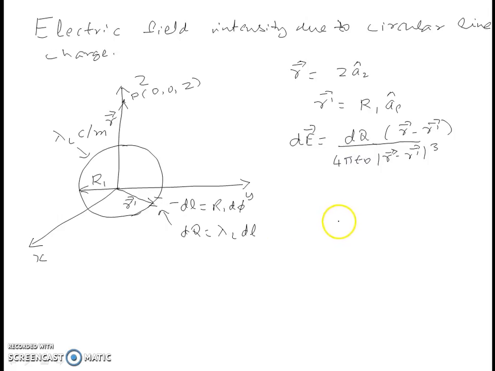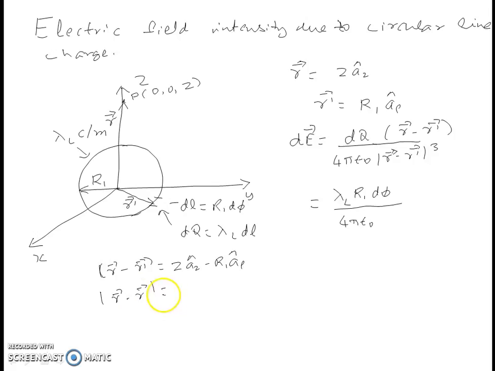Now we see that here the electric field dE has... so here r minus r dash, that is the vector r minus r dash, is given by z a_z minus r1 a rho.